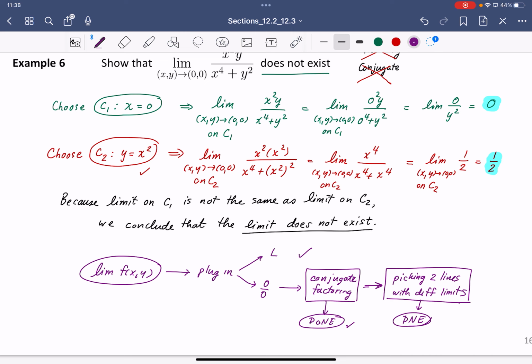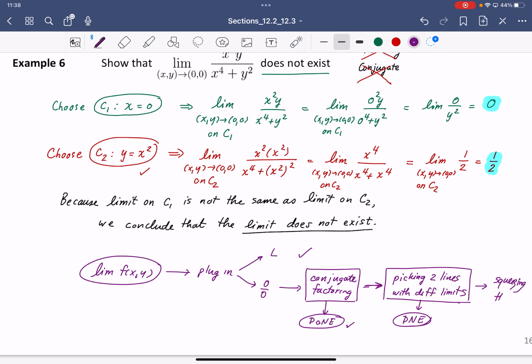For Wednesday, we're going to learn what to do when you pick lines and always get the same number. Say you keep trying lines, you get 0 every time, and you get tired of picking lines. You can use the squeeze theorem to conclude that the answer is 0. So we have one more thing to learn, which is the squeeze theorem.